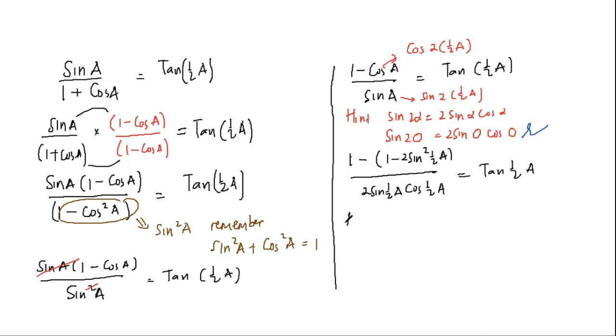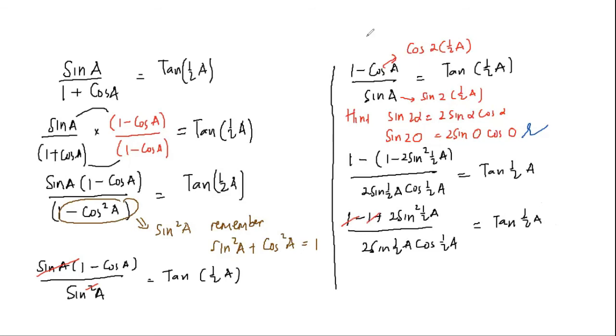So 1 minus 1 plus 2 sine square a half A over 2 sine a half A cosine a half A equal tangent a half A. Next, cancel, right?